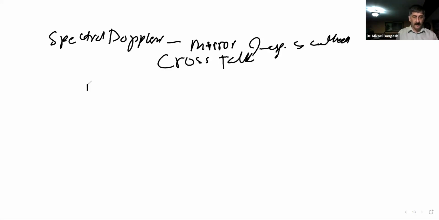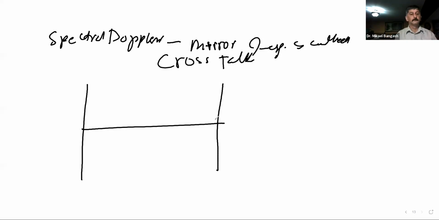So here we have a spectral Doppler. We all know that this line here is a zero Doppler shift. Did you guys get that?